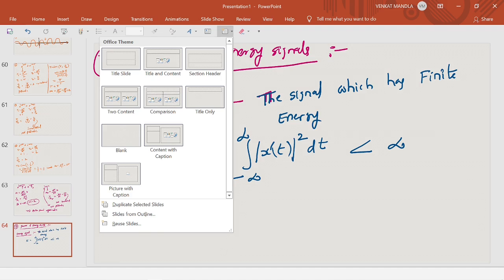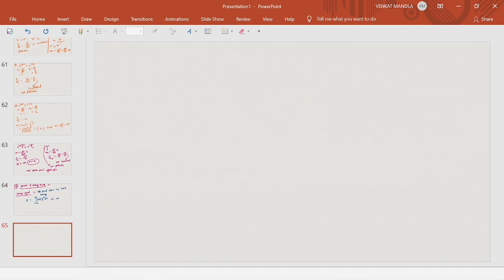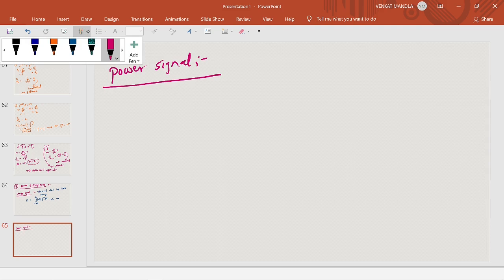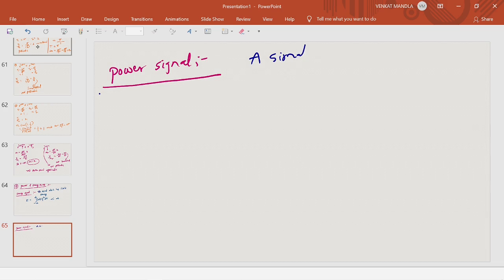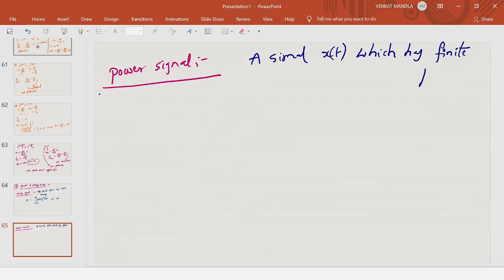Next, power signal. What is a power signal? Same definition. A signal x of t which has finite power.